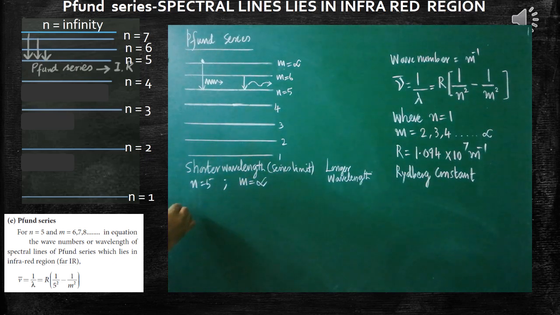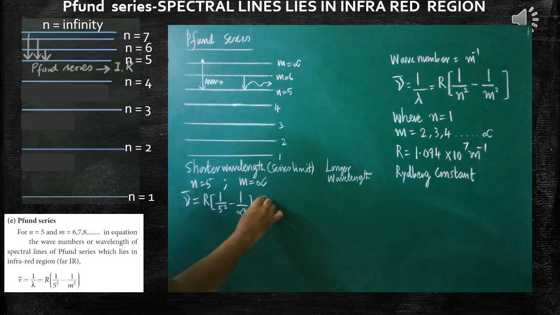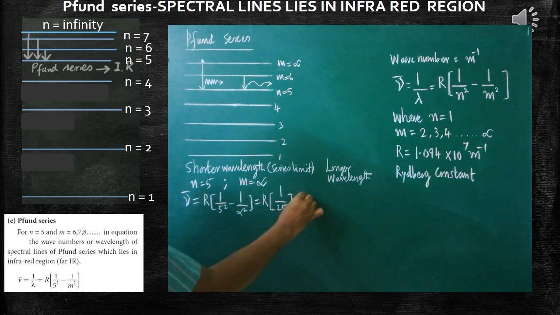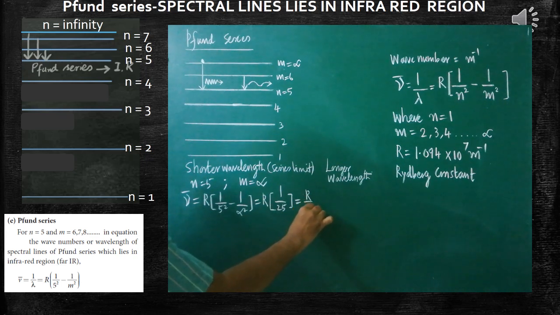Substitute in the formula, nu bar is equal to R into 1 by 5 square minus 1 by infinity square. So finally we get R into 1 by 25, which can be written as R divided by 25. This is the formula to calculate the wave number.